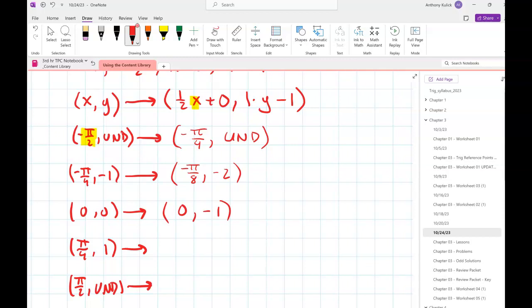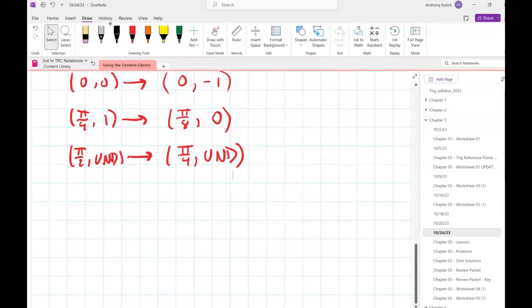If I plug in positive pi over 4, I'm going to get positive pi over 8. If I plug 1 in for y, I have 1 times 1 minus 1, which is 0. And then if I do the last one, if I plug in positive pi over 2, that should give me positive pi over 4. And undefineds always stay undefined.